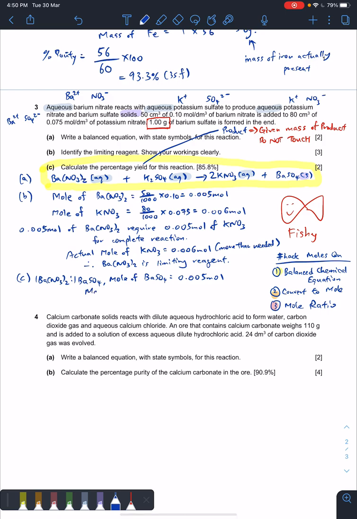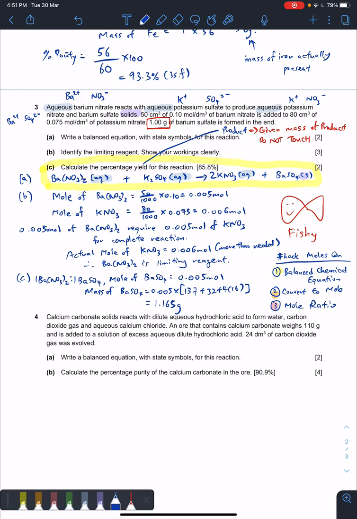Then you can find the mass. 137 plus 32 plus 4 times 16, that is 137 plus 32 plus 64, times 0.005. You get 1.165 gram.